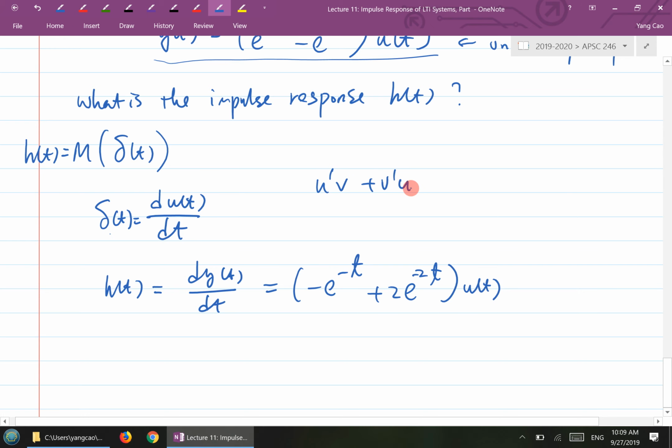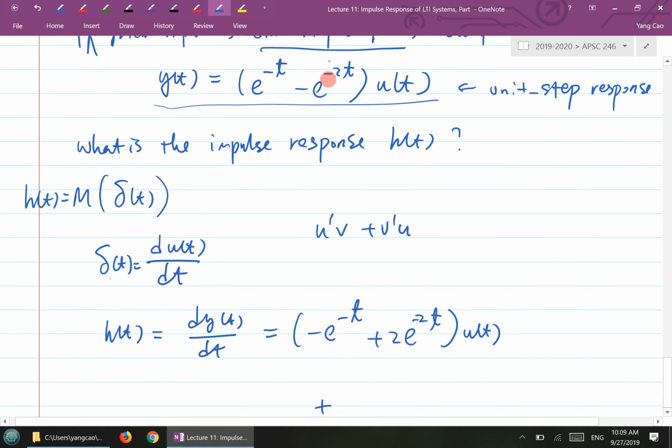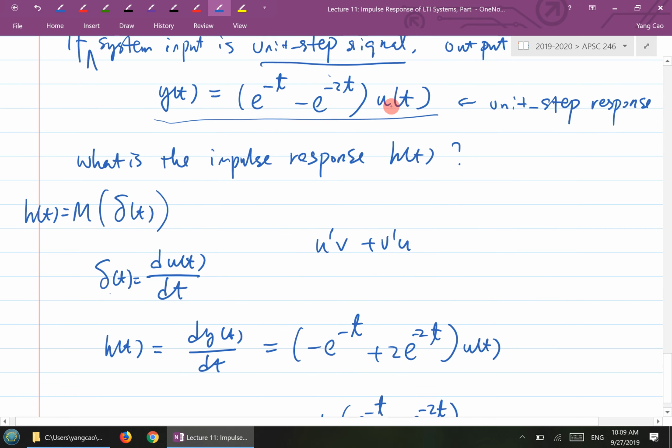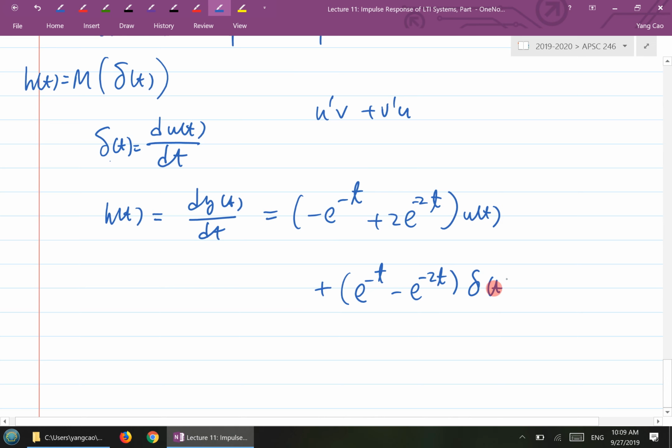And the second term is the bracket times the derivative of u of t, and the derivative of u of t is delta t. That's the result of this derivative. But you don't actually stop here. You can't do anything about this term, but for this one, you can do a little something.